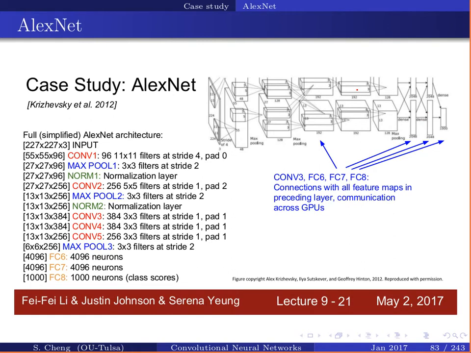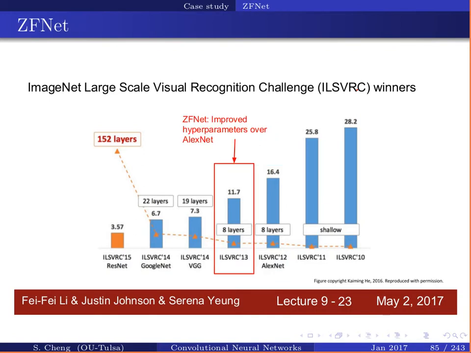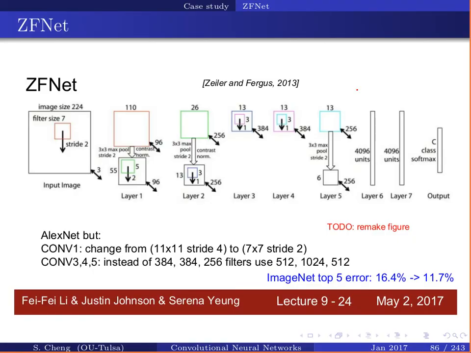That's AlexNet, which we talked about last time, and it was the winner of the ImageNet challenge in 2012. Then we talked about ZFNet very briefly. It's very similar to AlexNet.